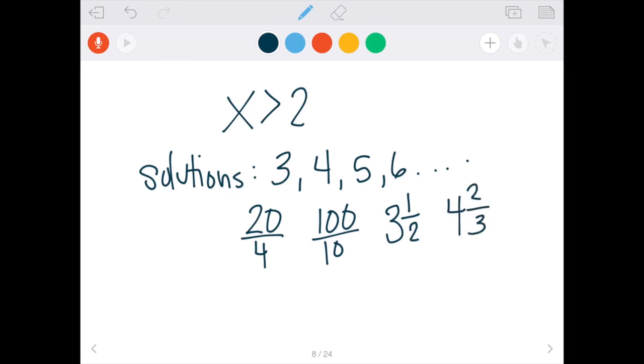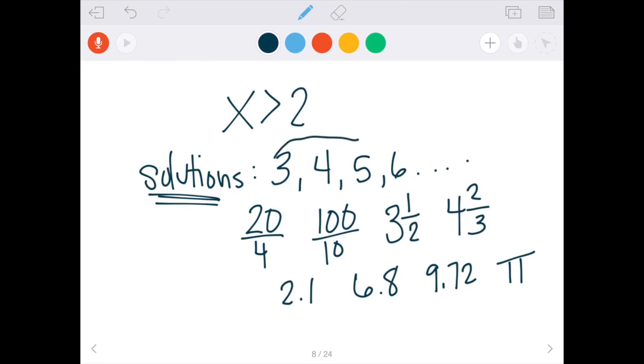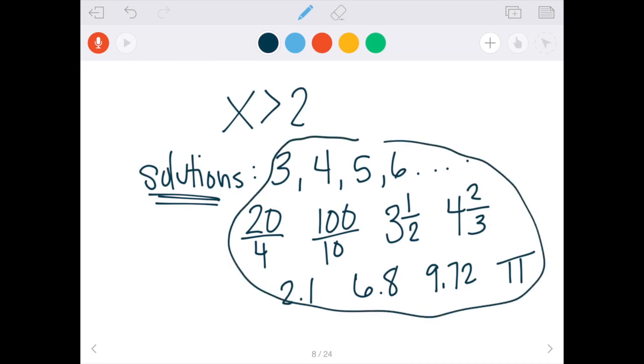Any decimal that's greater than 2: 2.1, 6.8, 9.72, pi, because 3.14 is greater than 2. There are always infinite numbers of solutions for inequalities, but all of these numbers could be substituted right here for x, and this would be a true statement because they're all greater than 2.